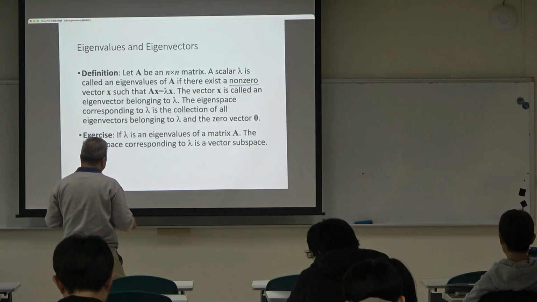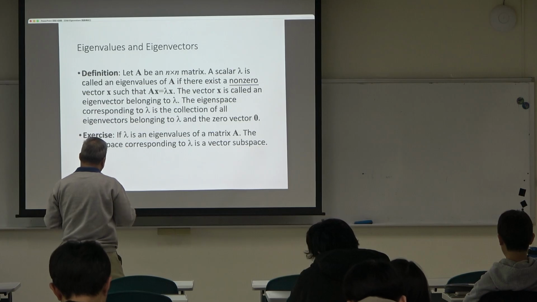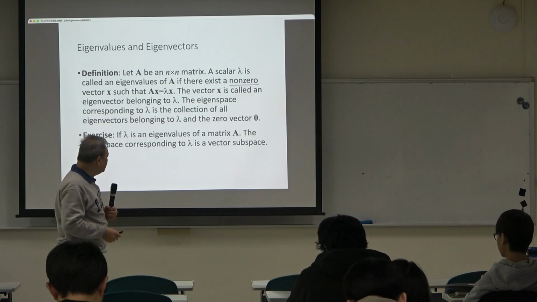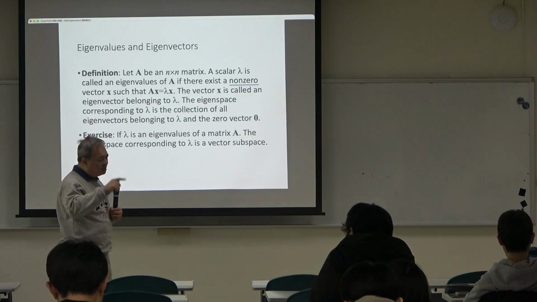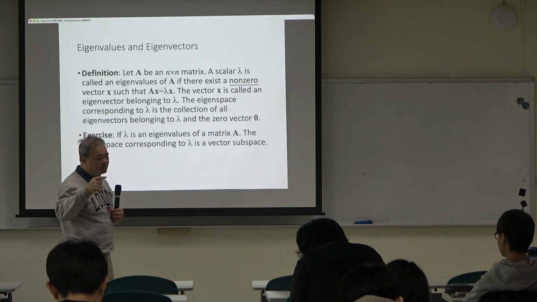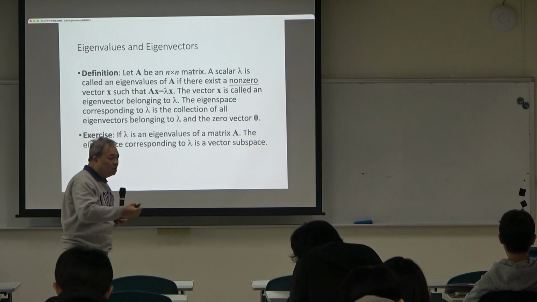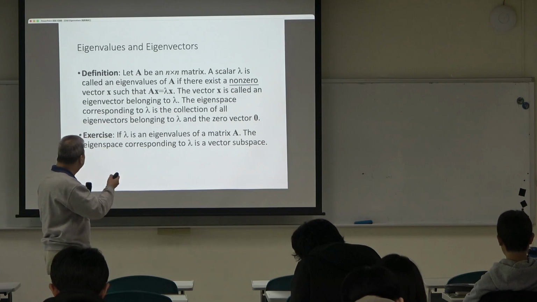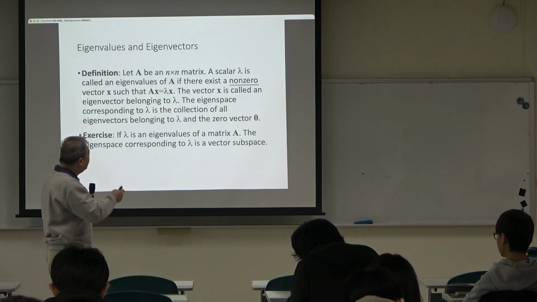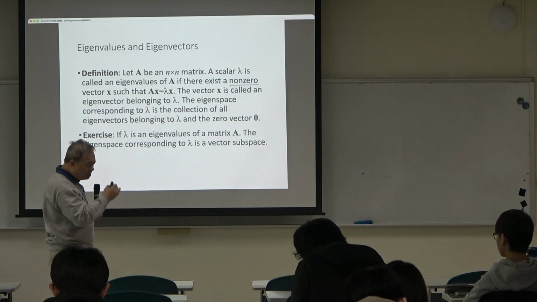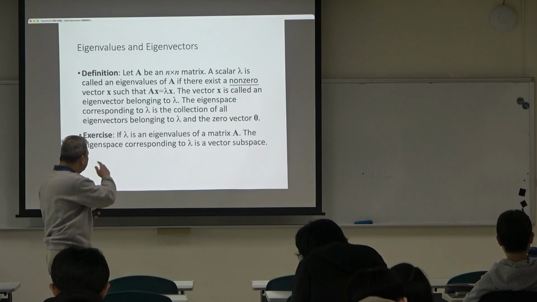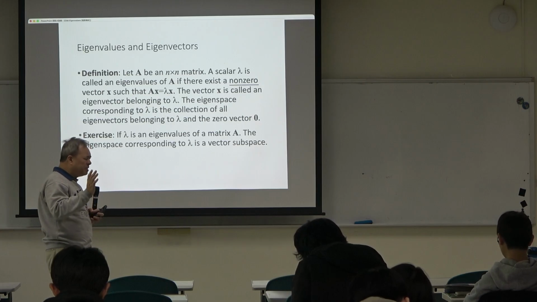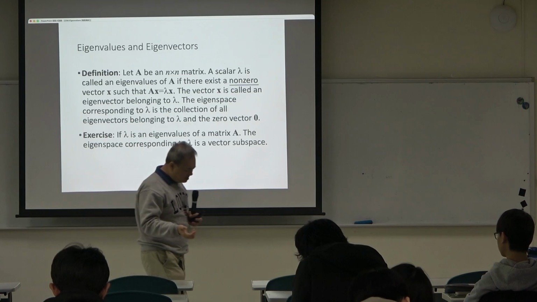When we say a value is an eigenvalue, implicitly we already have a vector x such that Ax equals lambda x, according to the definition. That x is non-zero and belongs to this vector subspace. So this vector subspace is non-empty. That's the first thing.